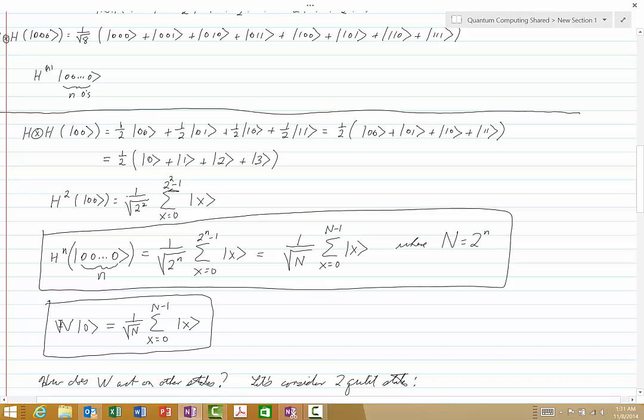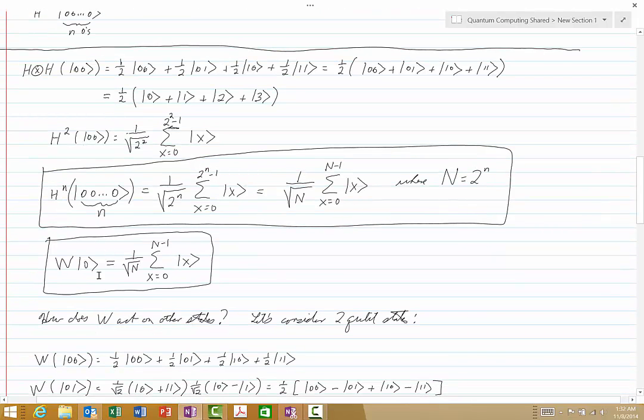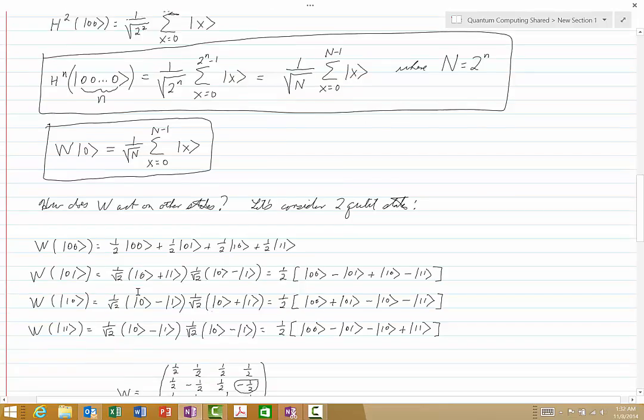Another result that we talked about in that lecture was to say W of 0, and here 0 is the 0 state for an n-qubit state. So in other words, we have n zeros here. This is understood to be n zeros, and that's 1 over square root of N times the sum x equals 0 to capital N minus 1 of x. Well, we demonstrated the plausibility of this formula here for different cases, but we did not prove it.